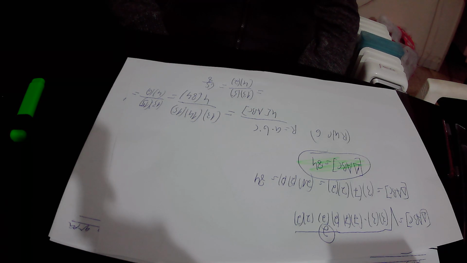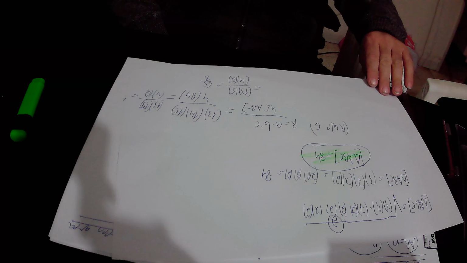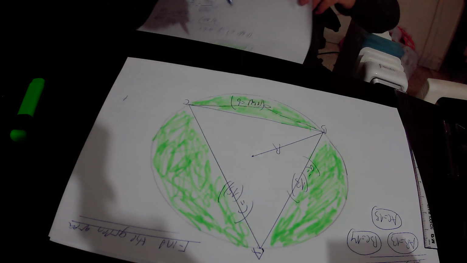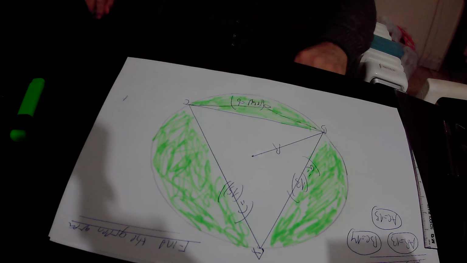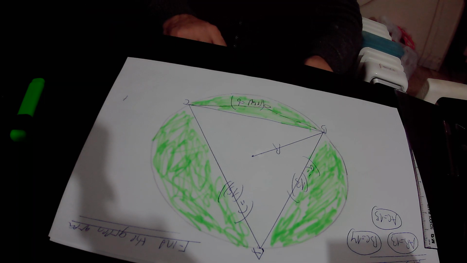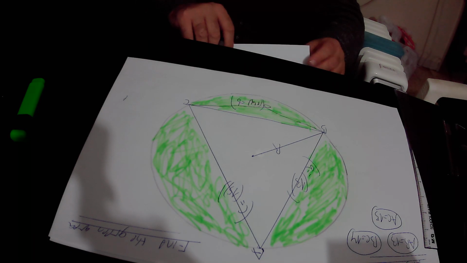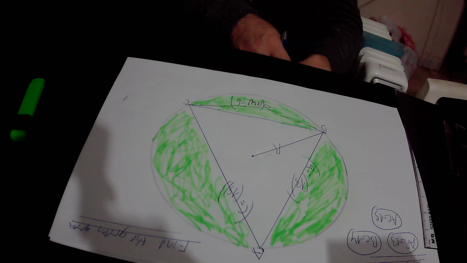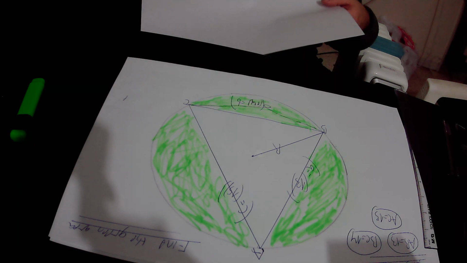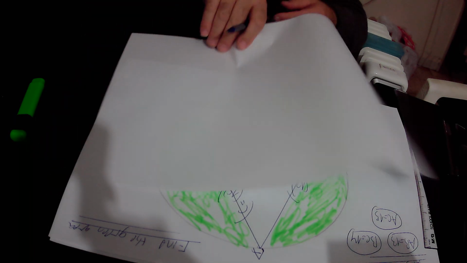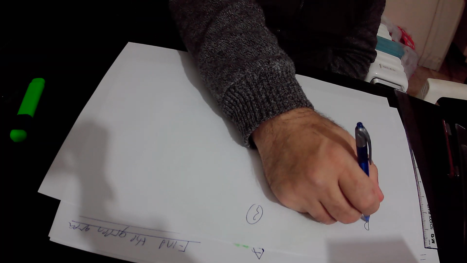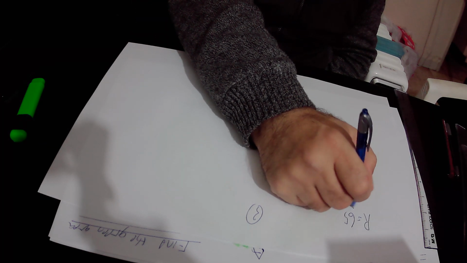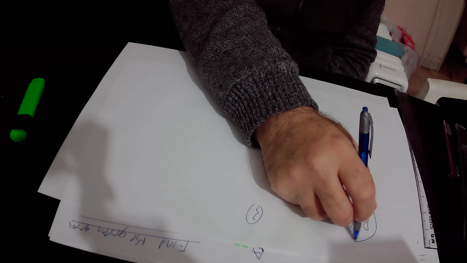So actually, we found out that the radius of this circle capital R, according to rule number 6, is equal to 65/8 units.